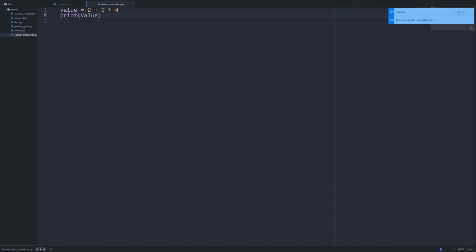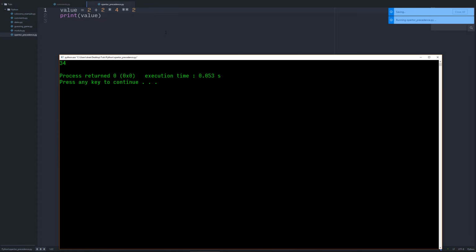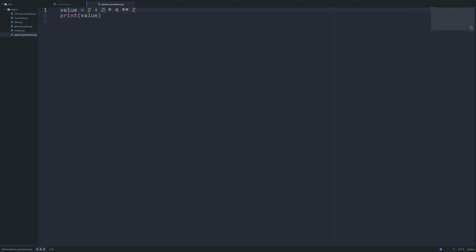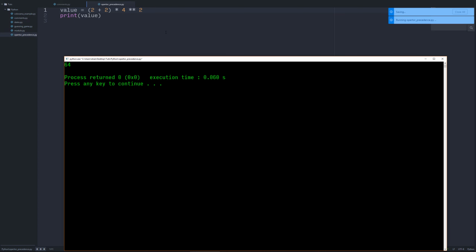See that 10 there. And then let's go ahead and get some complicated stuff going here. Let's go ahead and say we're going to raise that to the power of 2. We'll get 34. Now let's go ahead and do this. 64.